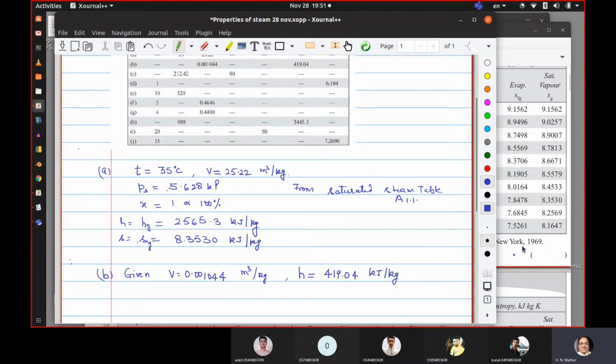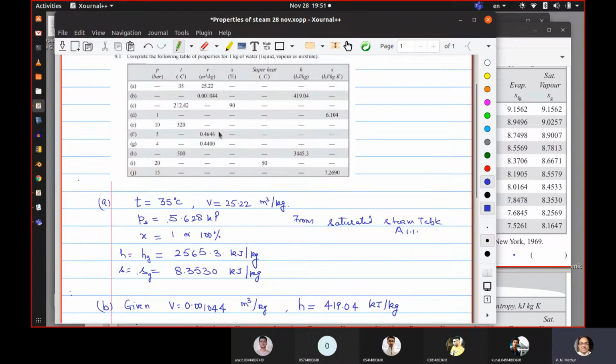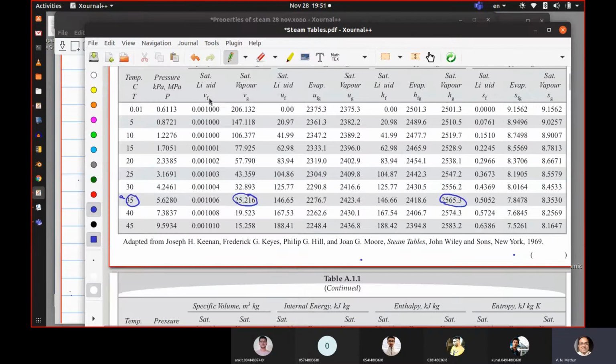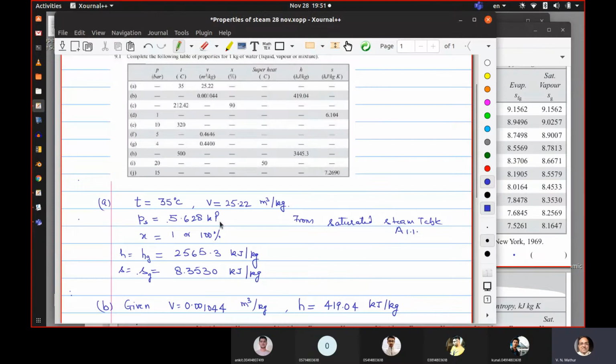Okay, let's move back to the steam table. We'll search for volume equal to this value from the steam table. So volume is this column. And the value is 0.001044.